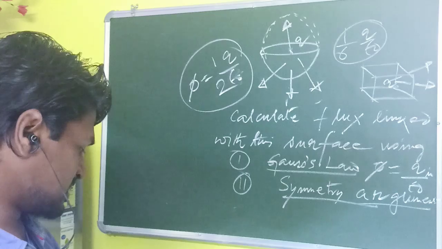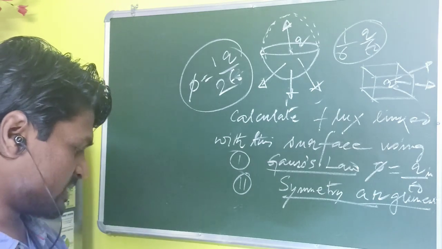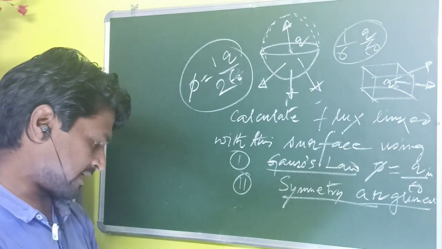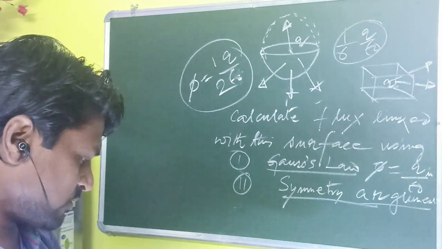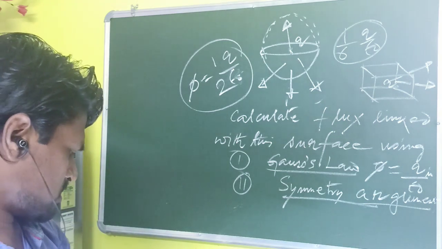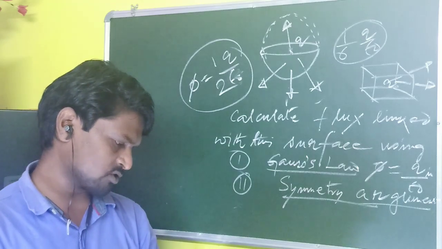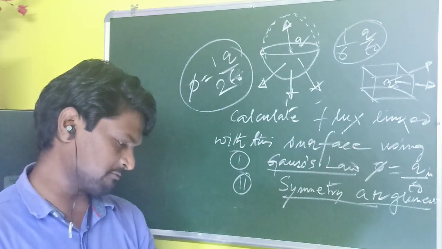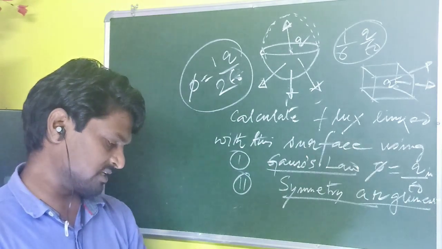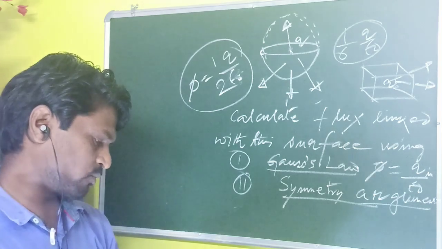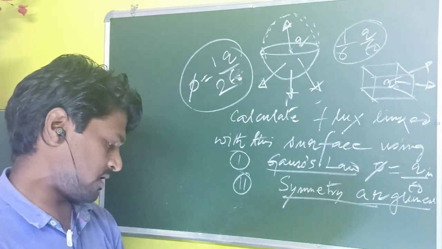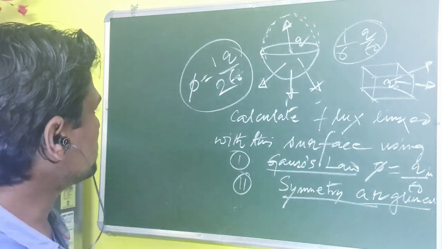That was question number 7, question number 8, and now question number 9. A spherical volume containing uniformly distributed charge is given. Find the electric field at a point inside the volume at a distance of 4.0 centimeter from the center.